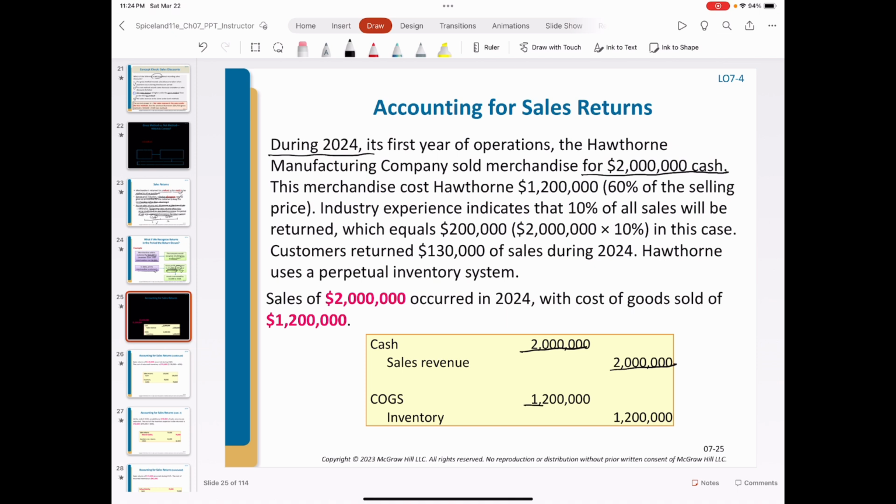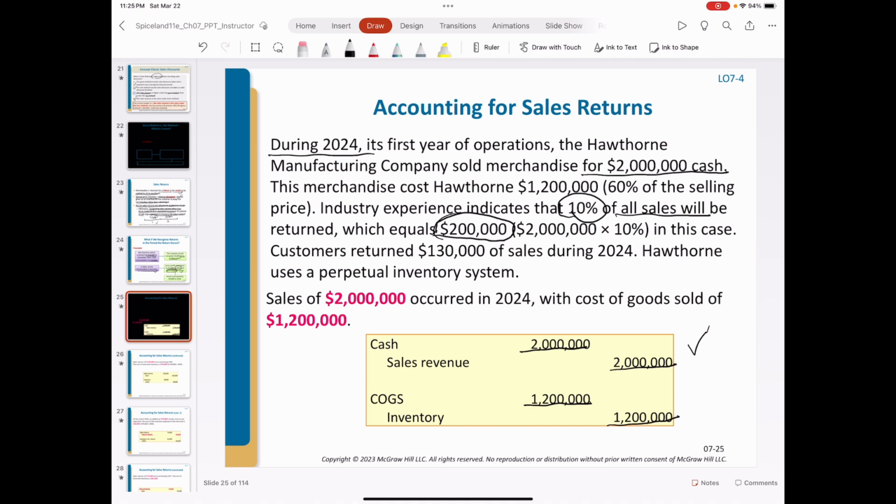So we debit cost of goods sold expense and credit inventory. Based on the experience, 10% of all sales will be returned, which equals $200,000 of sales will be returned. Even though in 2024, no sales return has actually occurred.